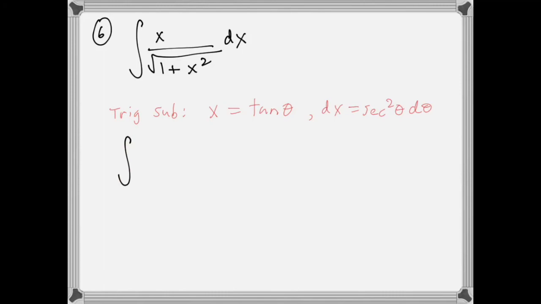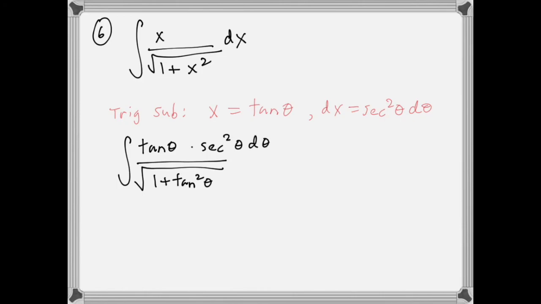So we have tan theta over square root of 1 plus tan squared theta. And then we also have the dx, which is another secant squared theta d theta. So let's take this guy over here. And I'm doing this example for a reason. You guys will see very soon, okay?